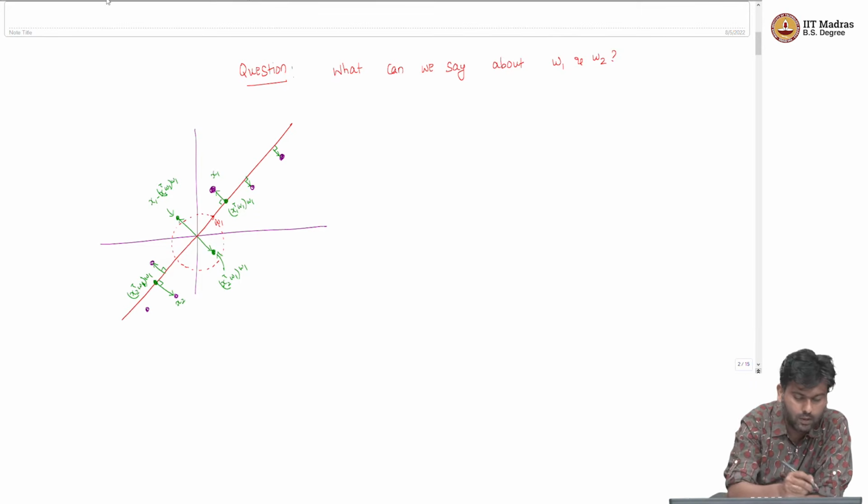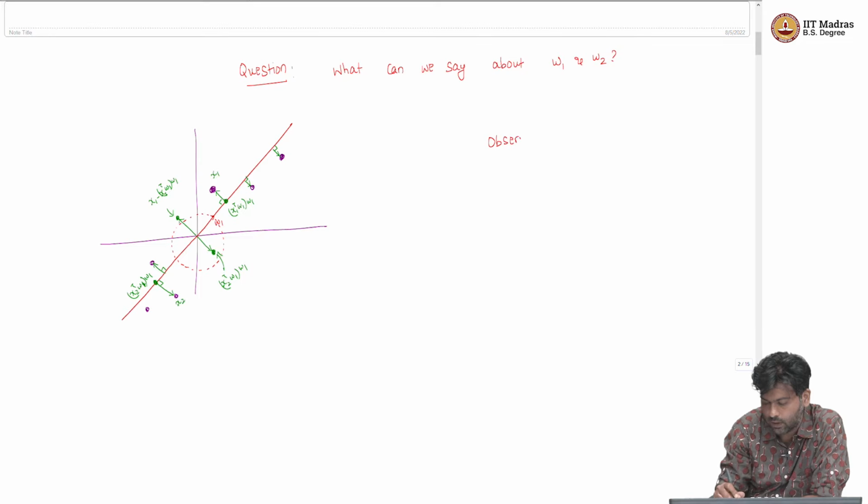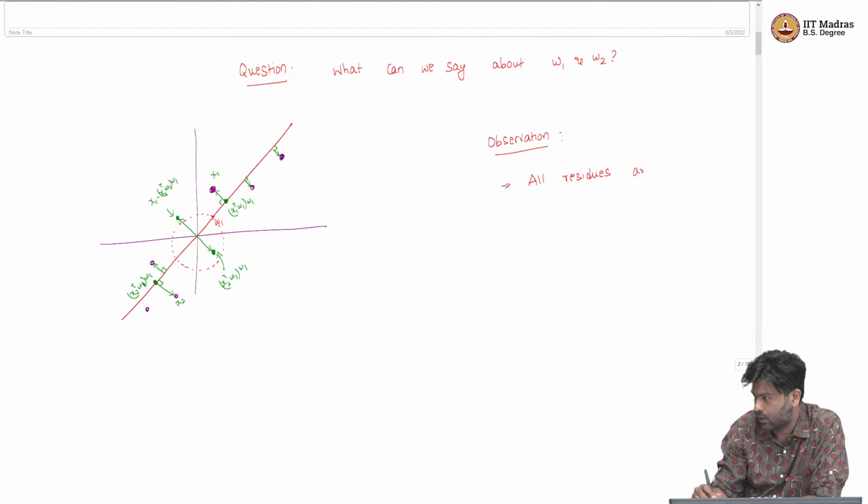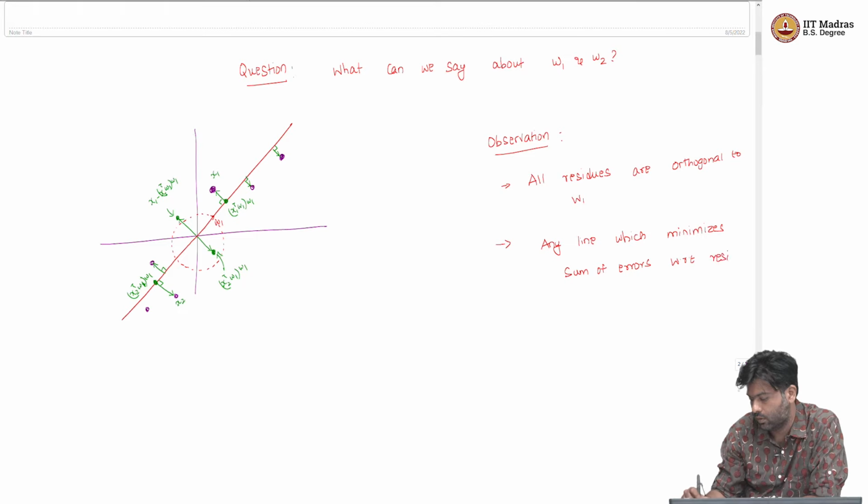So, which means the observation, again I did not prove this, is that all errors, or let us call them residues, are orthogonal to W1, and this implies any line which minimizes the sum of errors with respect to residues must also be orthogonal to W1.